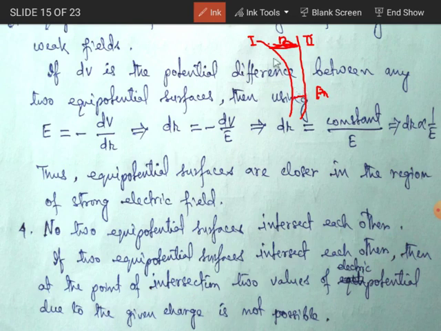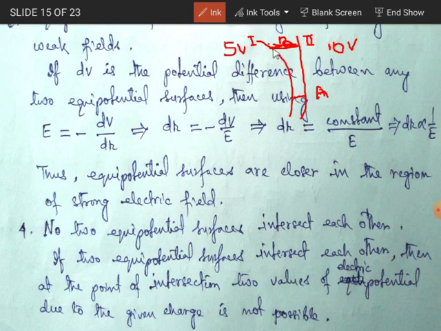How can we say this? Irrespective of the distance, whether far or close, the potential difference between these two surfaces is immaterial to the distance, because each surface is at the same potential. Let's say this equipotential surface is at 5 volt and the second equipotential surface is at 10 volt.